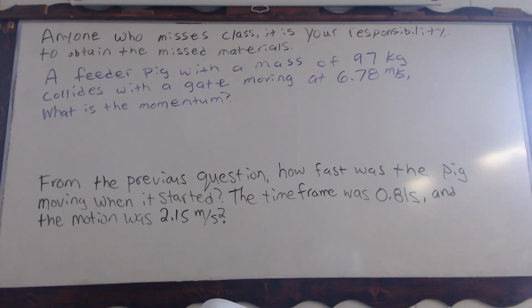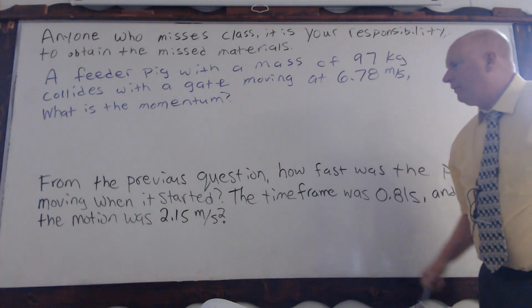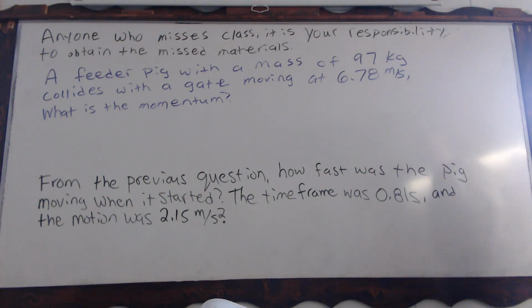Okay. All right. So from the previous question, sometimes you do have to use a variable from here, but that is not the case. It says, how fast was the pig moving when it started? So if you did not go any further than that, is there anything that sticks out in your mind what that question is possibly asking for? How fast was the pig moving when it started?